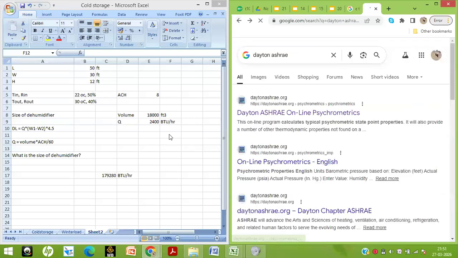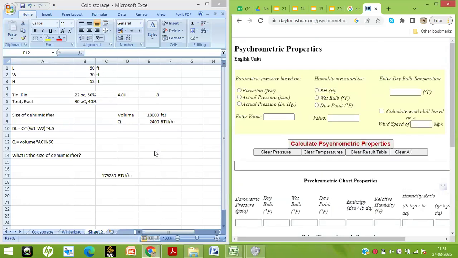And for the other, it is 74.54 grain per pound. That is for 48% RH and 30 degrees centigrade.